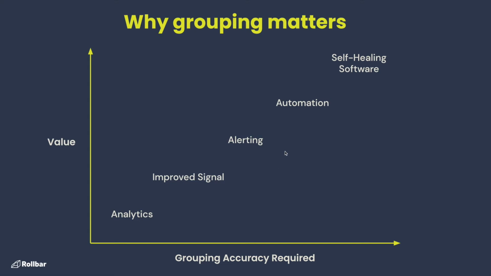If their particular grouping experience wasn't so great, then that may be something they hesitated on. But now with automation grade grouping, pretty much all customers are taking advantage of the alerting feature, and we're starting to see more automation as well. Things like our LaunchDarkly integration allow you to automatically toggle feature flags based on the result of a Rollbar notification.